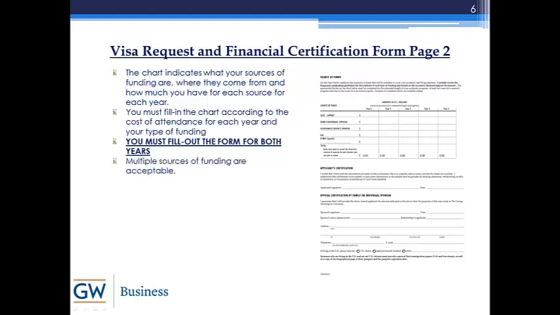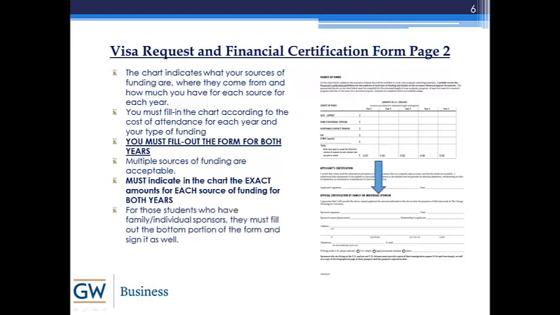Multiple sources of funding are acceptable, but you must indicate in the chart the exact amounts for each source of funding for both years. Thus, if you have some money of your own, a scholarship from GW, some family support, and a scholarship from an organization, you would indicate each source in the appropriate area of the chart with the exact amounts for each funding source for each year.